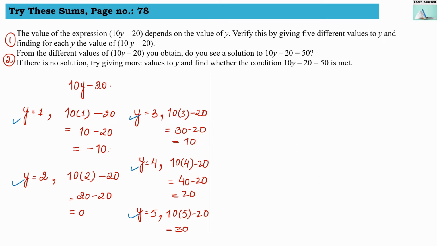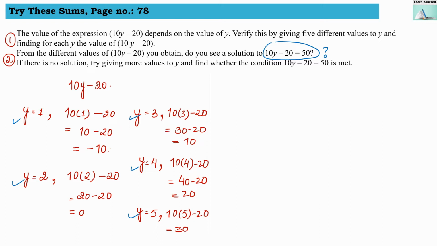Now comes the second question. From these different values of 10y minus 20 you obtained, do you see a solution that will give us 10y minus 20 equals 50? Did we get this? No. We took till y equals 5 and we did not get the answer 50.